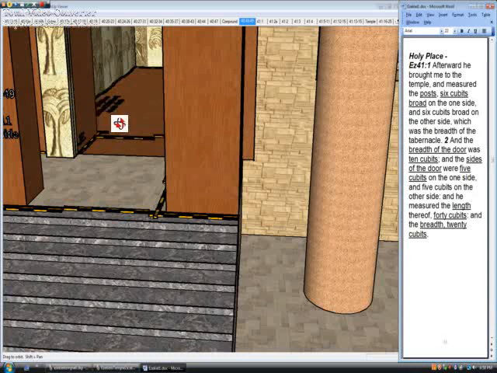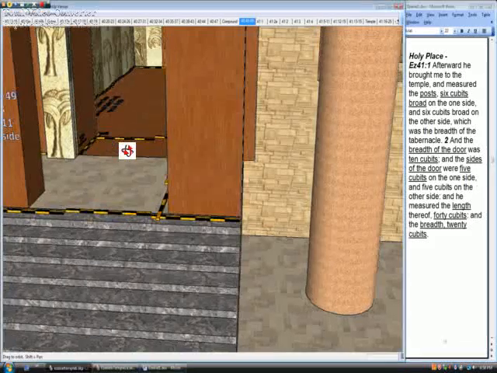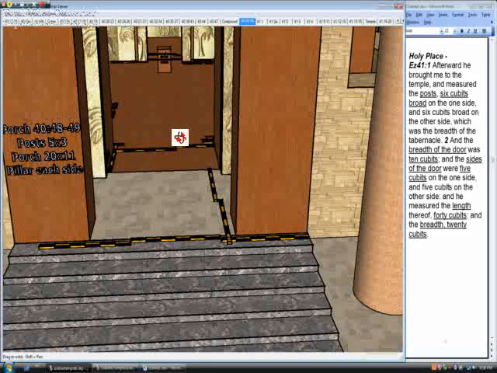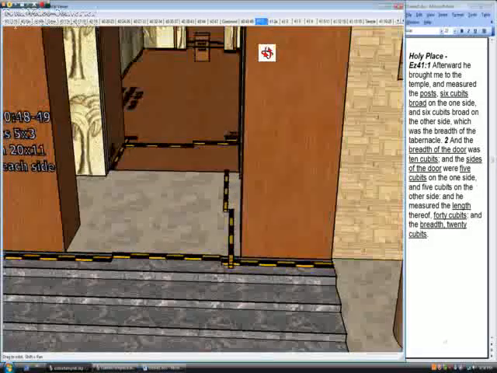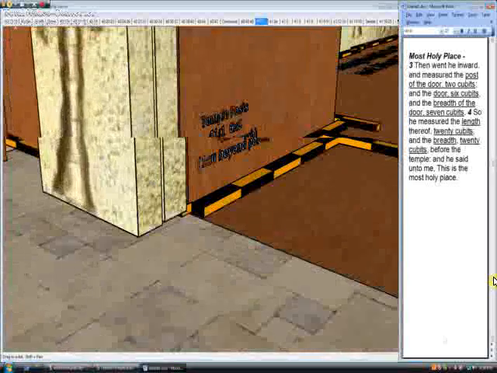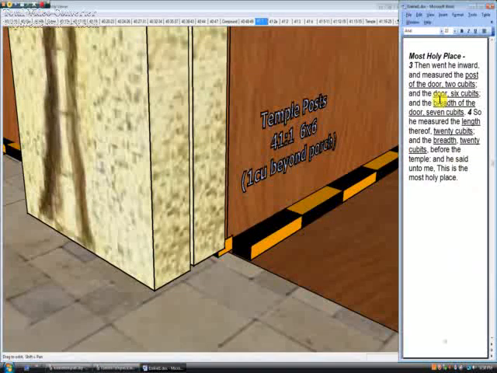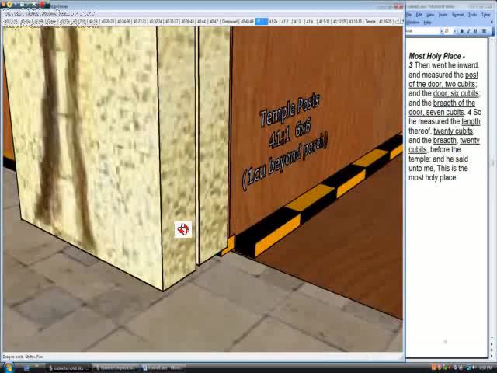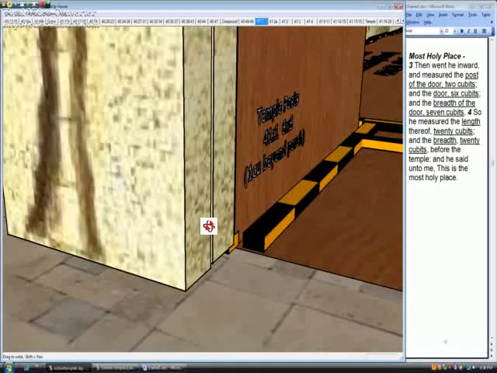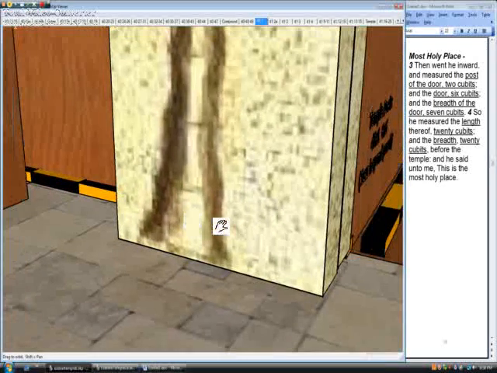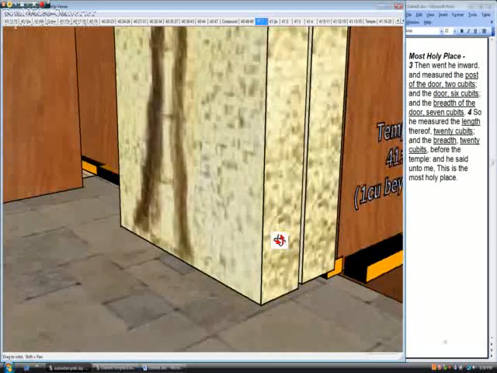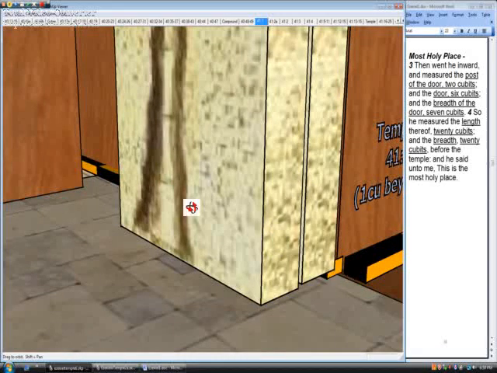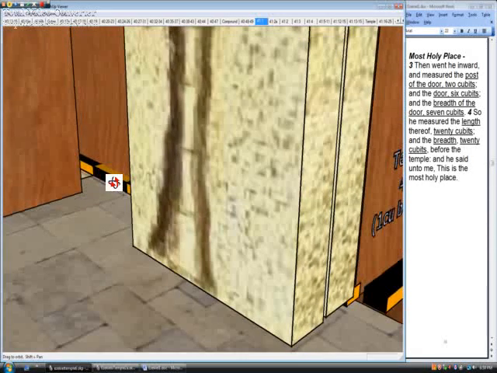Now the holy place, or the temple, is not the same as the most holy place. It's this first door and first room inside after the porch. The door is 6 on each side. It's hard to see because of the folding doors here, but this is one rod right here, so it shows 6.